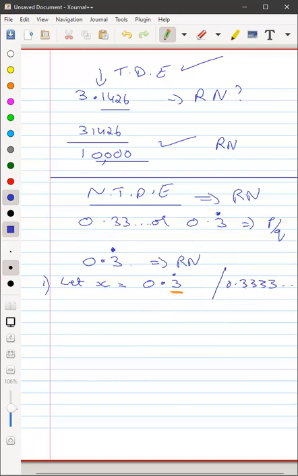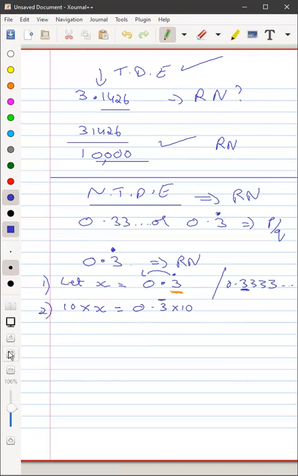But only one digit is repeating itself again and again. So we need to shift this part just before the decimal. So we will multiply with 10. So 10 into x is equal to 0.3 bar into 10. Got it? That is step 2.